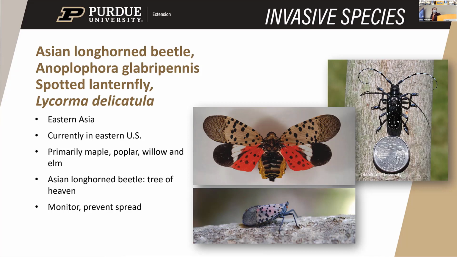They primarily live on maple, poplar, willow, and elm. So that's a big chunk of our native trees right there. The larvae feed on and damage the wood, and at high populations, they can kill trees by girdling them, which means they're chewing through the cambium layer and the tree is dying.